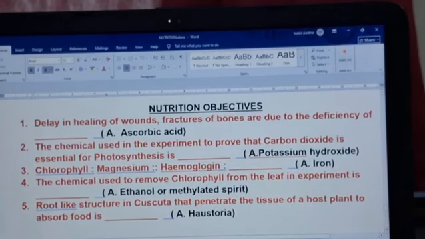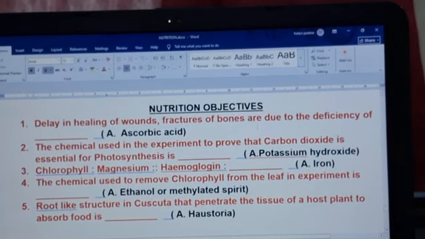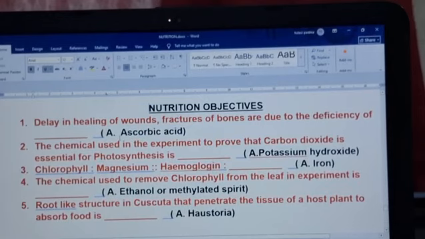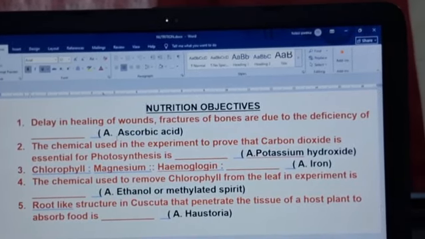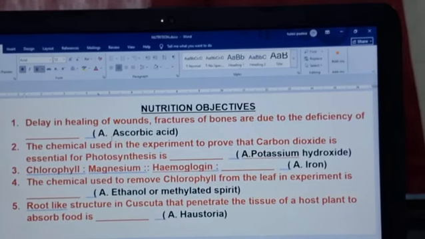So let me see. Delay in healing of wounds, fractures of bones are due to the deficiency of ascorbic acid. It is the ascorbic acid which is responsible in delaying the wounds.